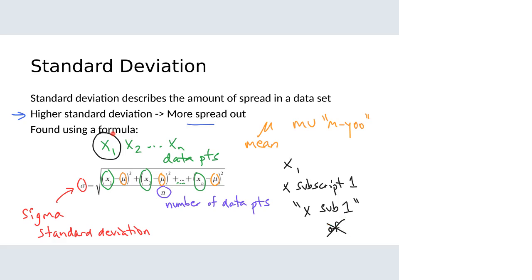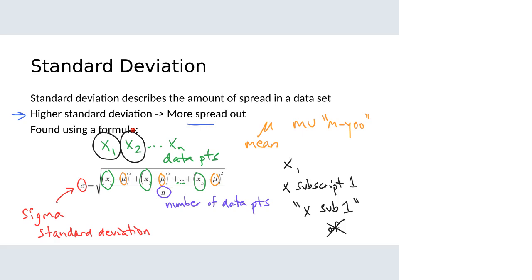What that x with a subscript of 1 is, that is our first data point. X with a subscript of 2, x sub 2, that's our second data point. And then every one of these gets an index. If we have a third data point, it would be x sub 3. And we keep going till we get to the very last one.